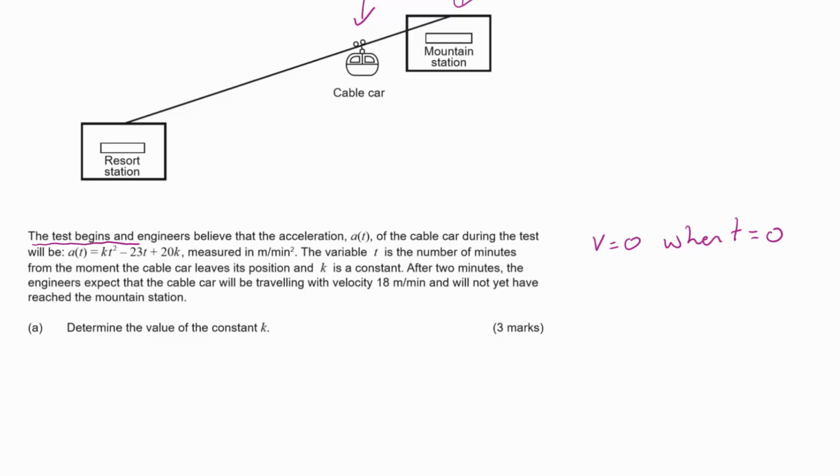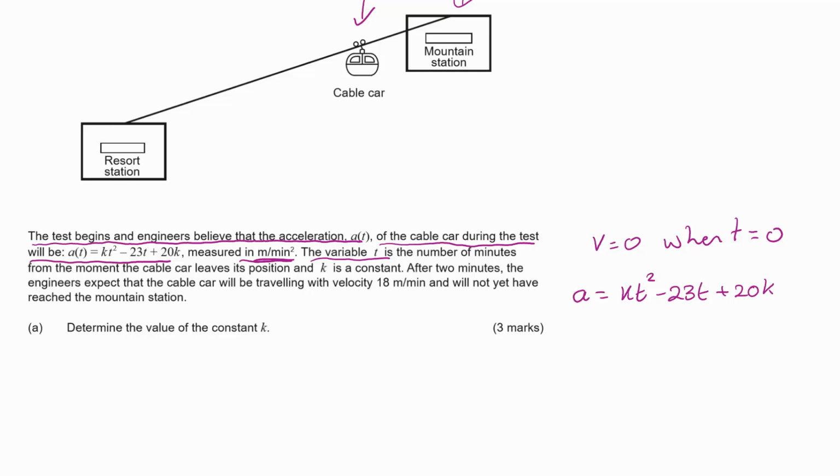The test begins and engineers believe the acceleration of the cable car during the test will be a equals kt squared minus 23t plus 20k, measured in meters per minute squared.